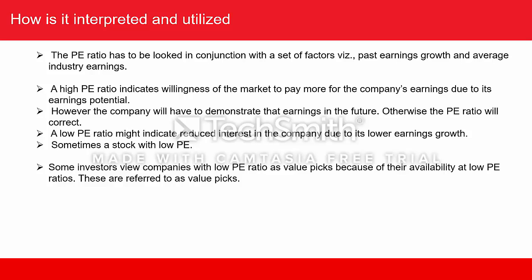It always happens that if the industry average, say for the consumer goods industry, is a PE ratio of 10, some companies will have a PE ratio above 10, some below 10, some equal to 10.